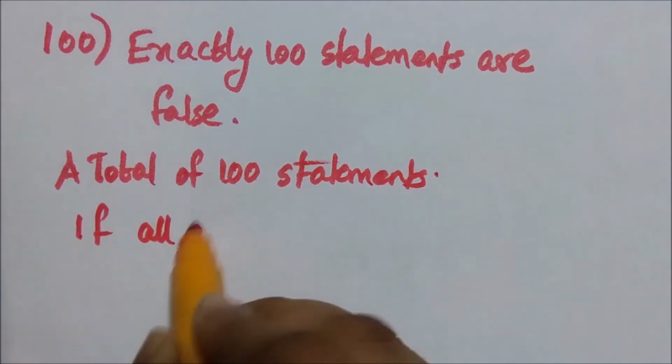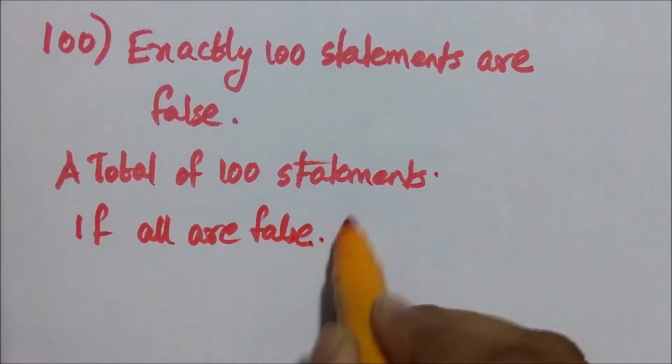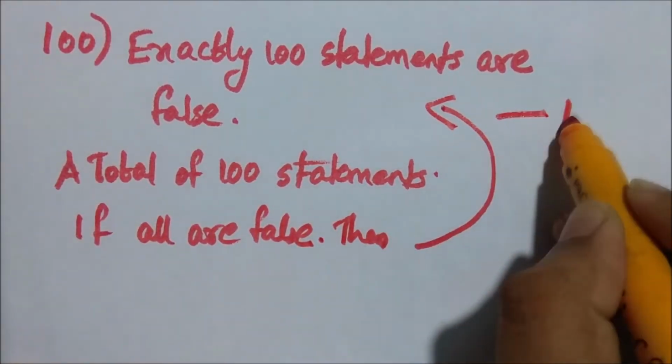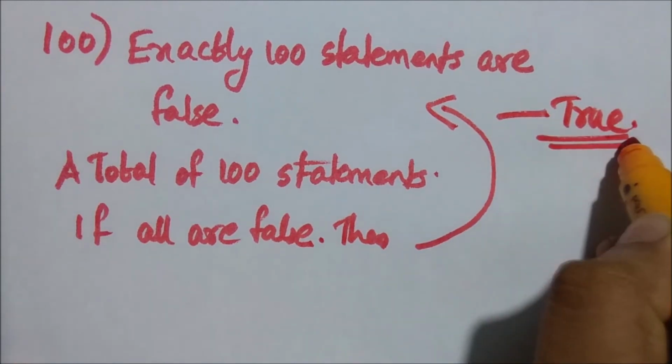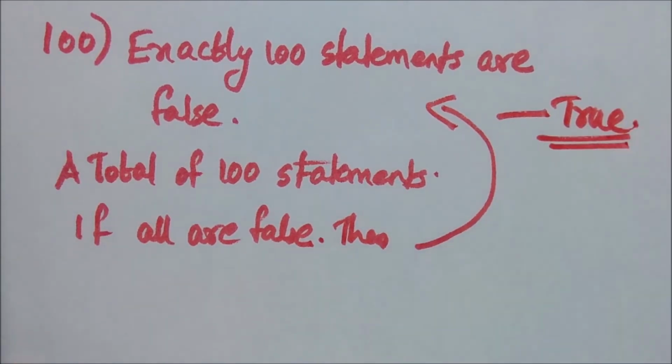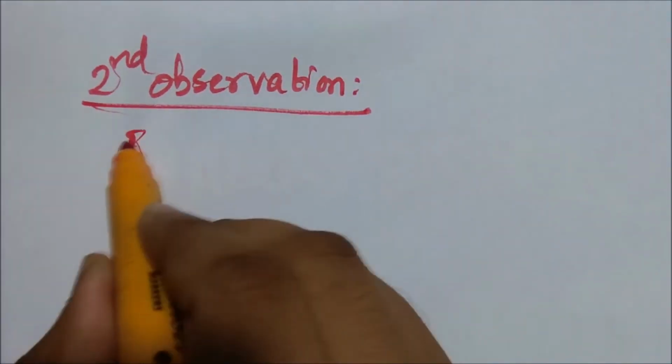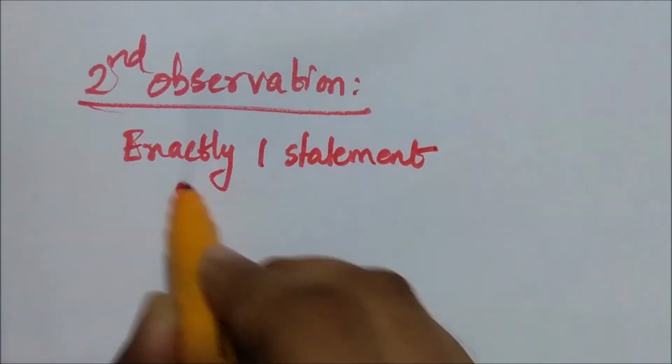And that is true because we assumed that all 100 statements are false. So we get that the 100th statement is going to be true, which contradicts our assumption. So it is not the case, which means that exactly one statement among these 100 statements is going to be true. That is our second observation.